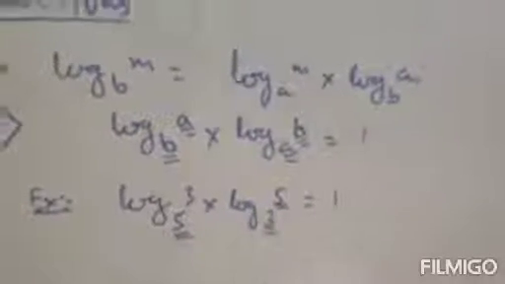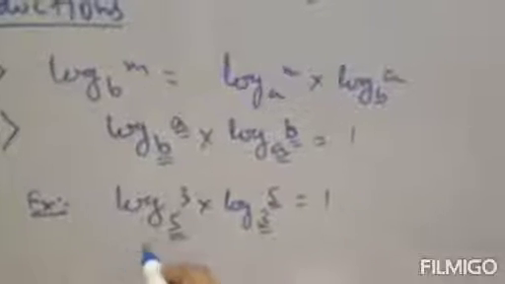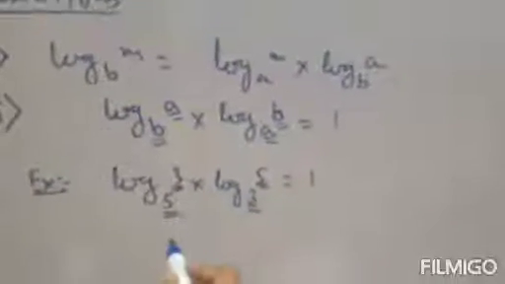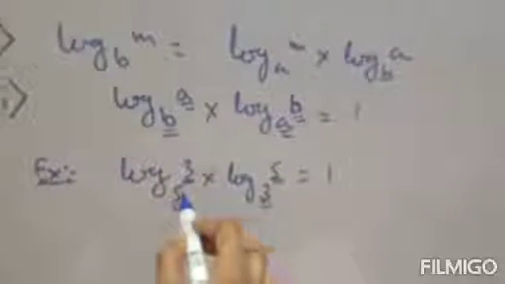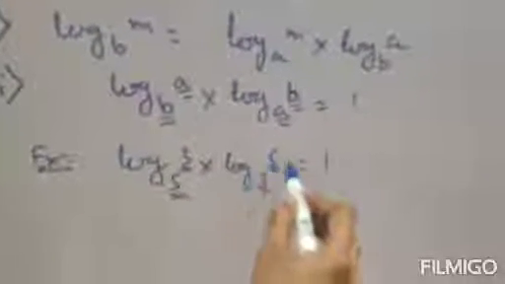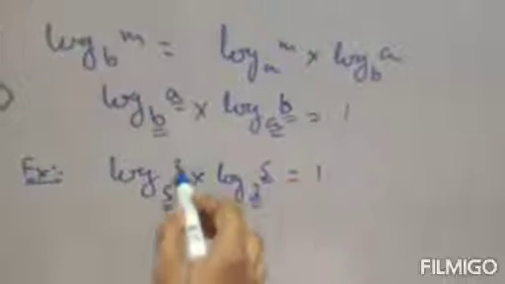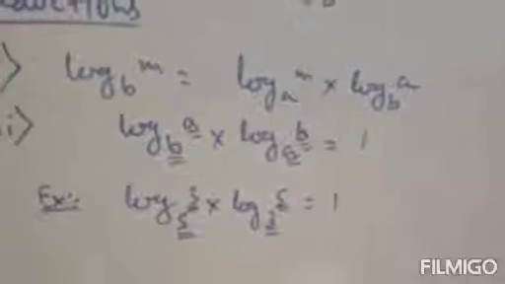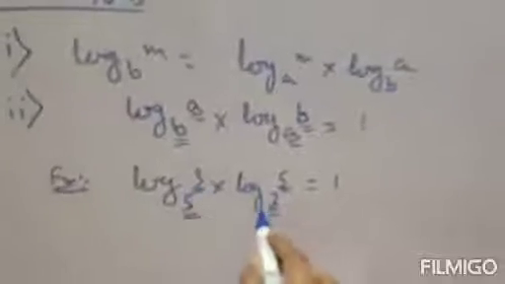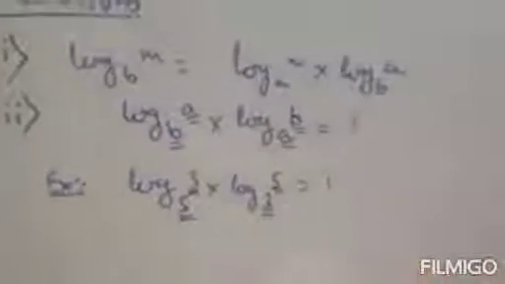Also here the base is 3 and in the next term 3 is in power, so they are reciprocal to each other. The positions are just opposite, so in this type of multiplication of logs the answer will always be 1. Clear?